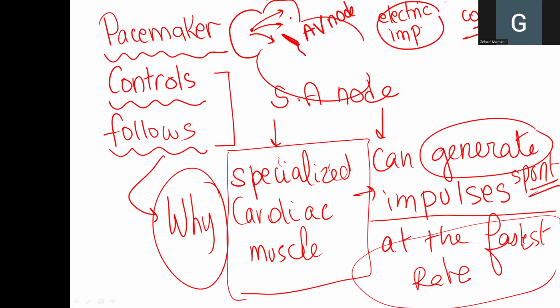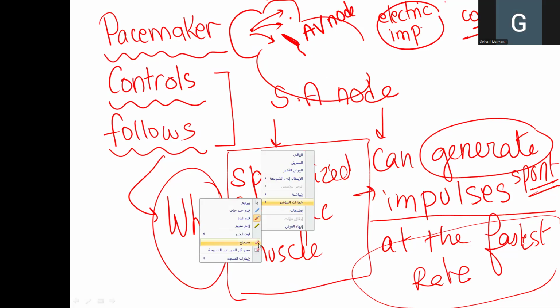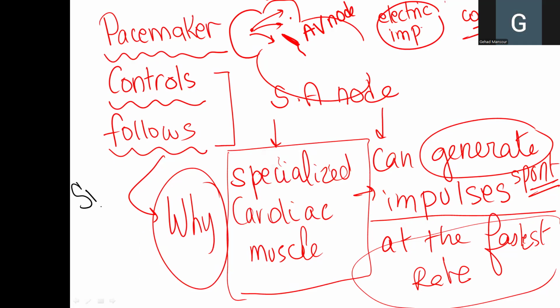So this is how the SA node distributes the electric impulses on the myocardium. Or in other words, the question is, how is electricity spread over the myocardium? So this second part of the explanation on the slide is answering the question of the spread of the electric impulses over the myocardium.